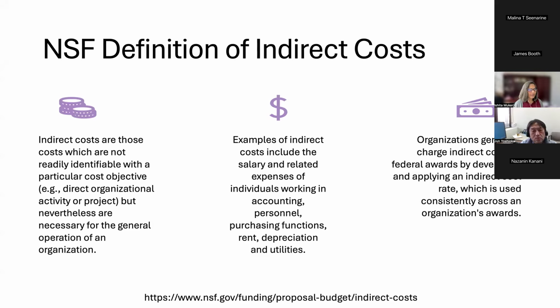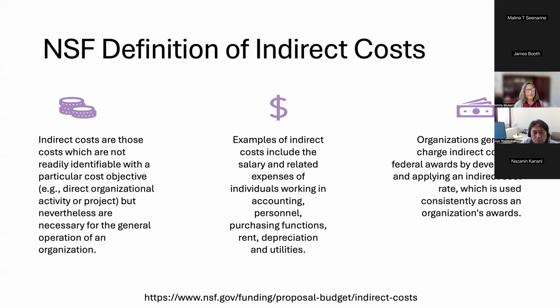So typically, organizations charge indirect costs to federal awards by developing and applying an indirect cost rate, which is usually consistent across. So once you have an indirect cost rate, your F&A rate is applied to all federal awards. It's usually a federally negotiated rate, so it doesn't go beyond the federal awards.